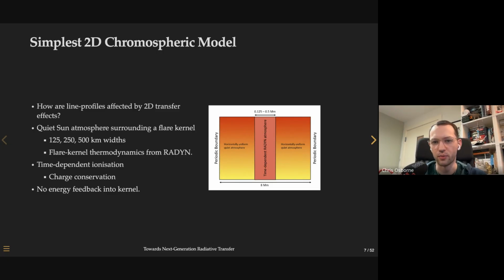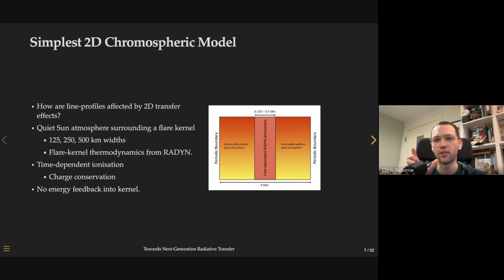We took a time-dependent atmosphere from RADYN in this case, and we put it in the center of a quiet Sun slab. So we effectively assumed that we had a flare going off in the center of a quiet Sun slab with the same atmosphere as the RADYN model started from.